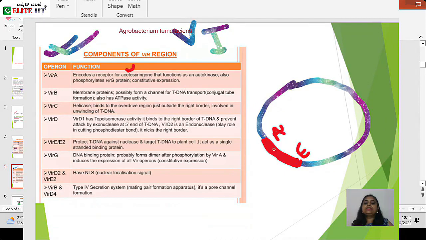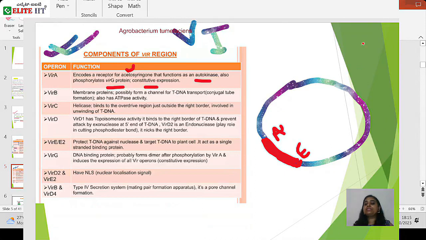So here it is producing a receptor. Receptor for what? Receptor for acetosyringone, that functions as an autokinase, also phosphorylates VirG protein, constitutive expression. That means in this case, what is happening?